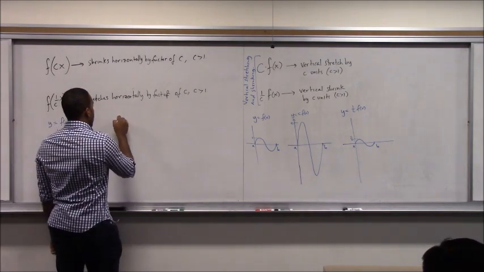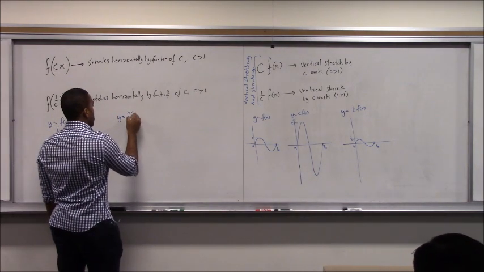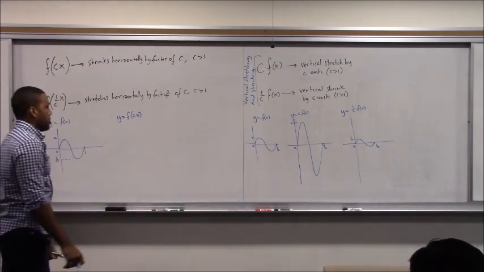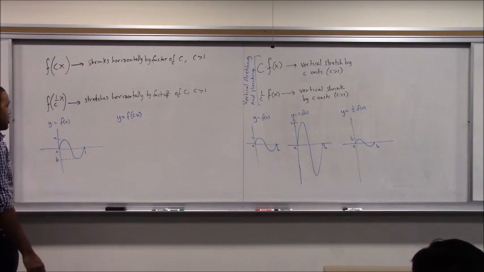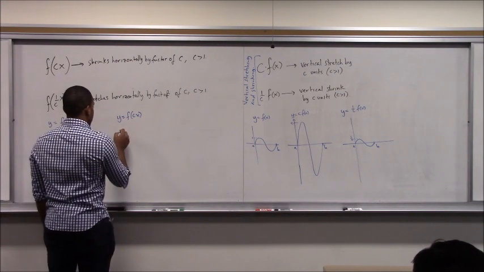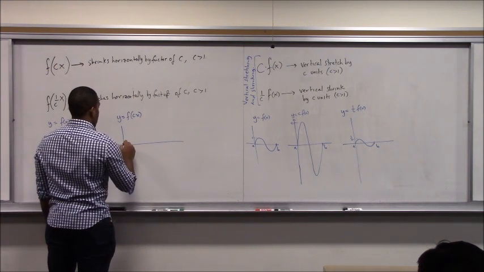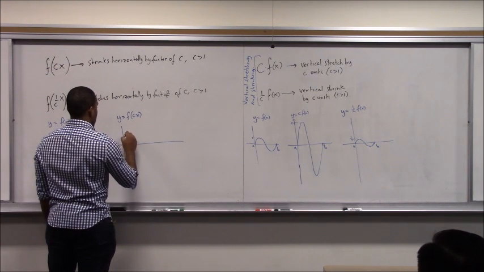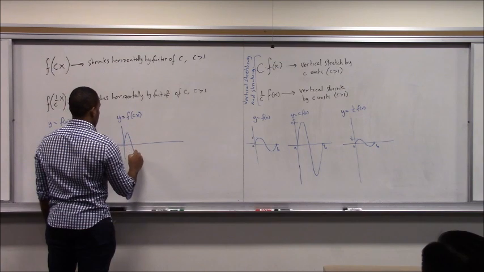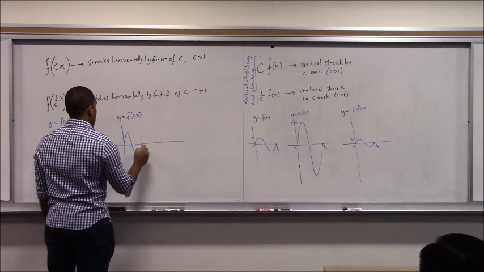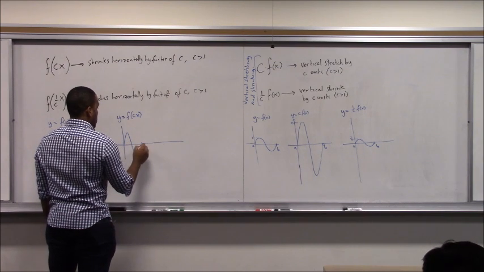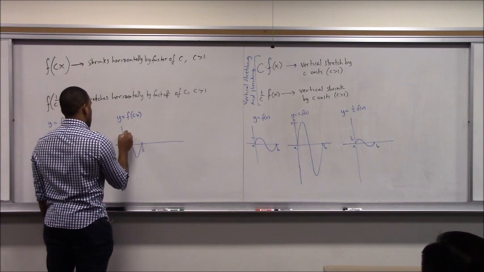Then if I do y equals f of a constant times x, like f of 2x, that will actually shrink it, leaving 1 over c.